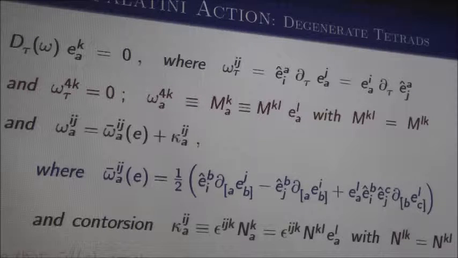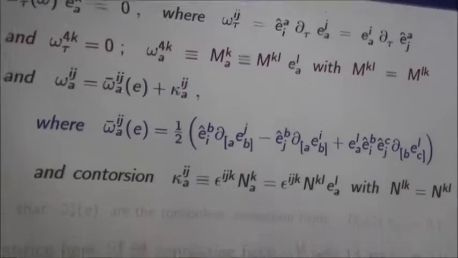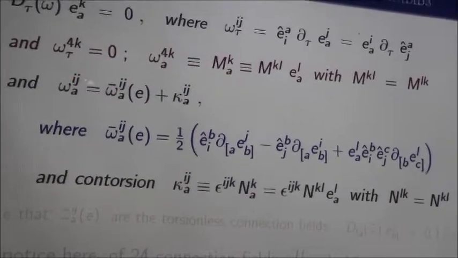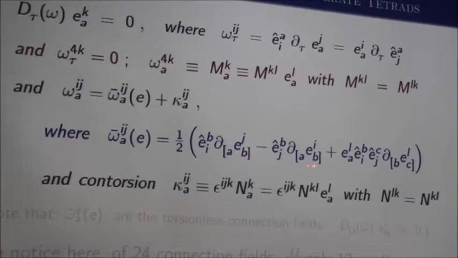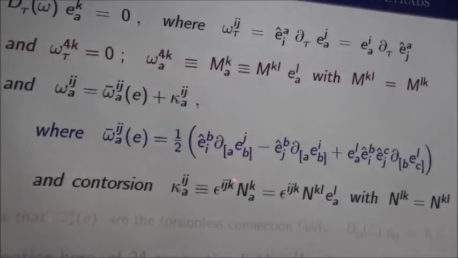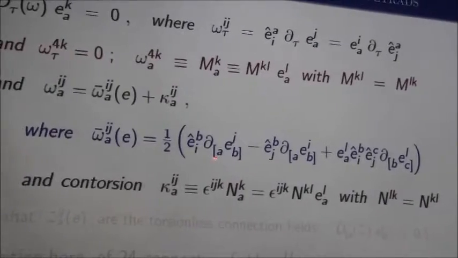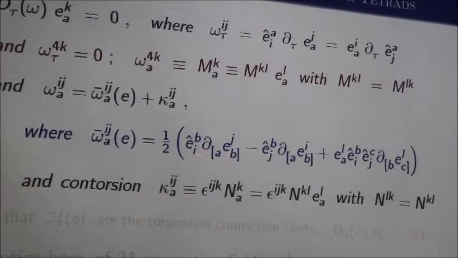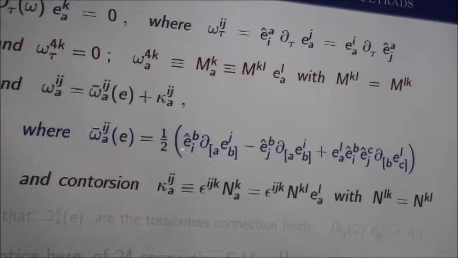Next we write omega_{ij} as omega bar_{ij} plus kappa_{ij}, where omega bar we construct in terms of the triads. So it's a Levi-Civita connection in terms of the triads. This is the torsion-free connection.